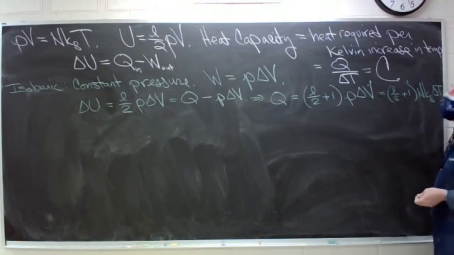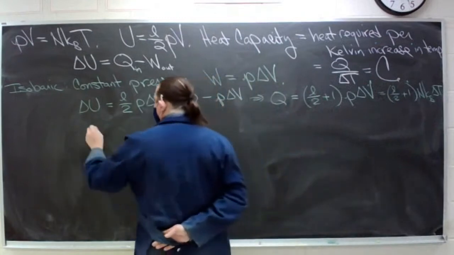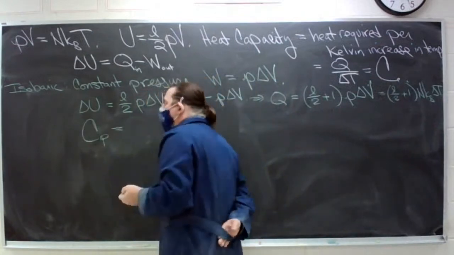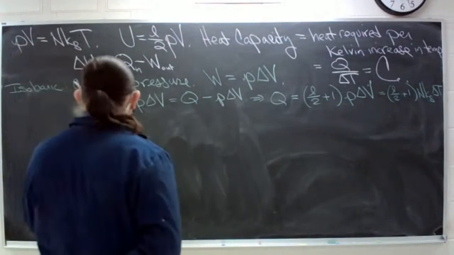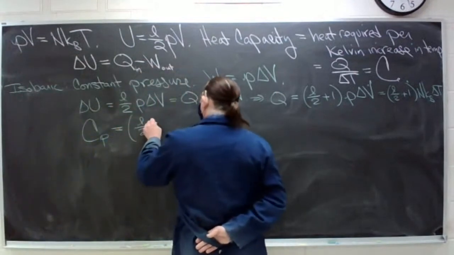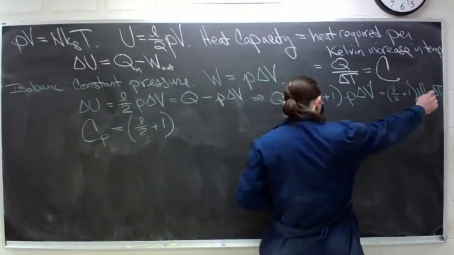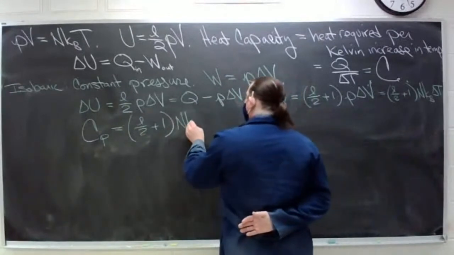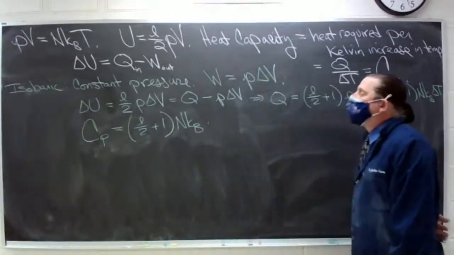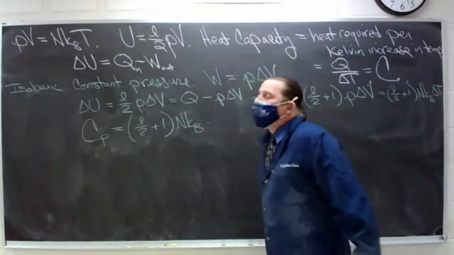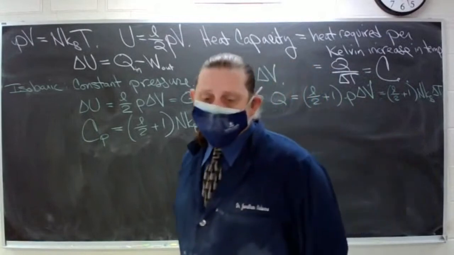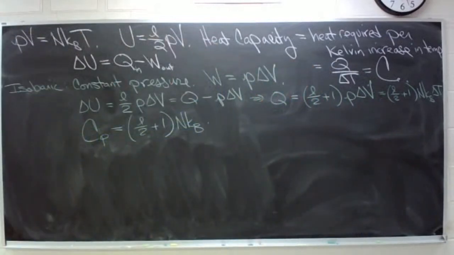All right, so that gives us a useful expression for the heat capacity at constant pressure. It's equal to L over 2 plus 1 N k Boltzmann. All right, so those are considerations taken in an isobaric process.